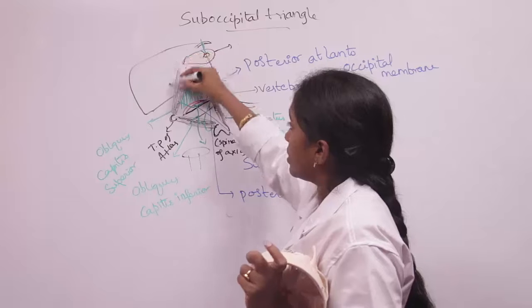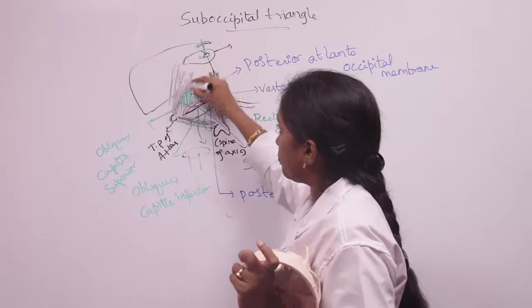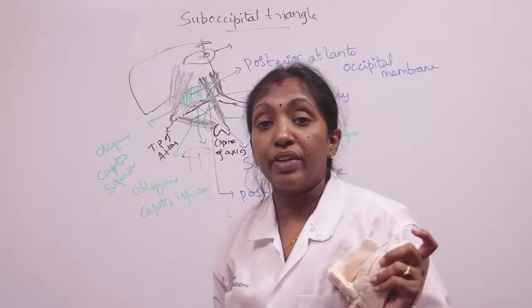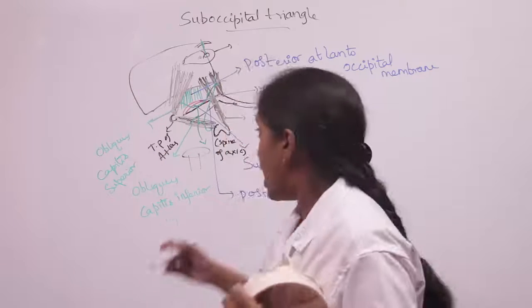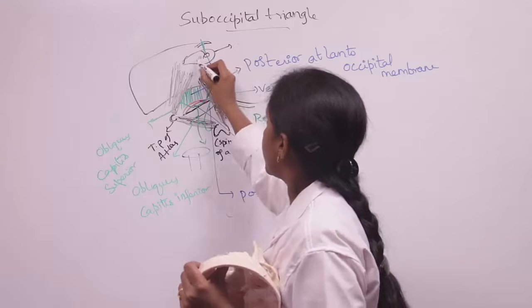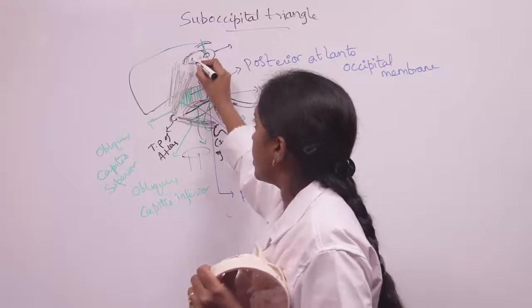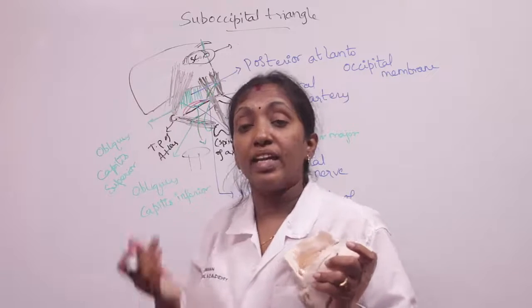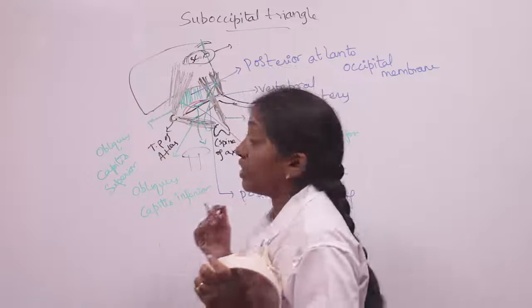So here is the insertion of the obliquus capitis superior, which is inserted into the lateral area between the superior and inferior nuchal lines, and semispinalis capitis is here, as it is inserted to the medial area between the superior and inferior nuchal lines.